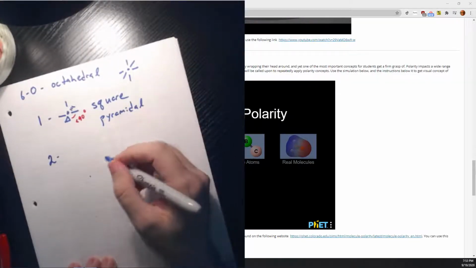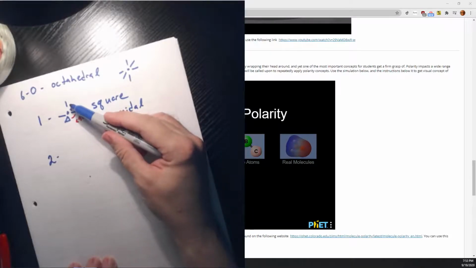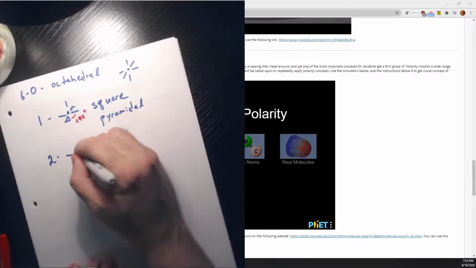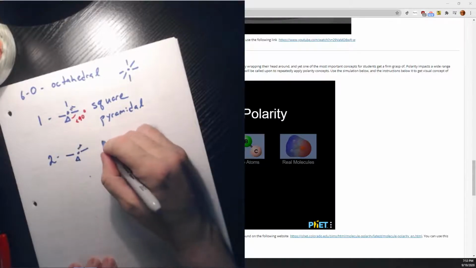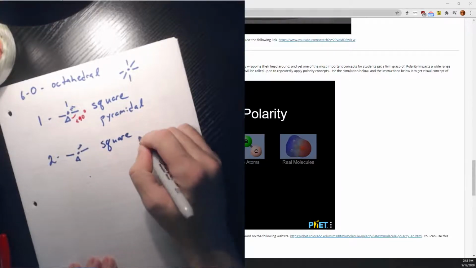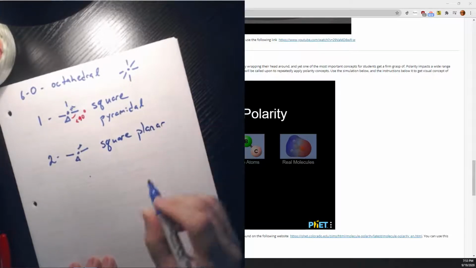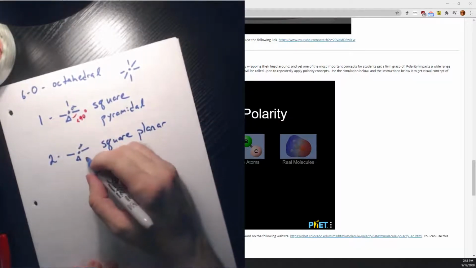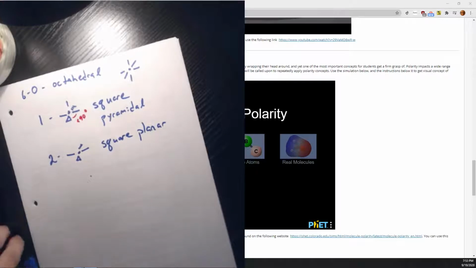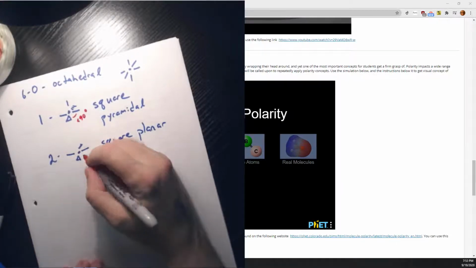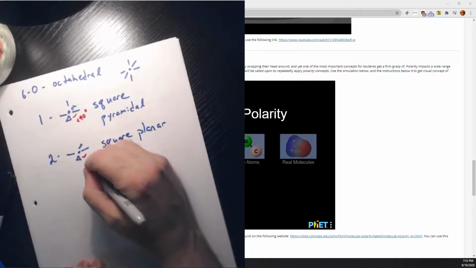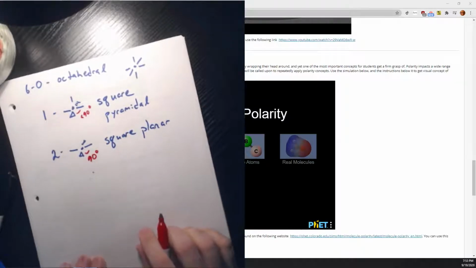We want to get the lone pairs as far apart as possible, so the next one goes on the opposite side. Okay. So this is now square planar. Okay, it's just a perfectly flat square. And because the electron domains are on opposite sides of this atom, the squishing is perfectly equal, so it's exactly 90 degrees again.